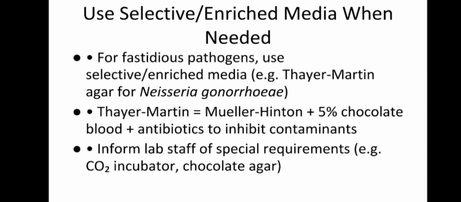Rather, the blood is heated in such a fashion that it releases heme that gives you a characteristic chocolate color. It has antibiotics like colistin and others to inhibit fungal growth and other invasive bacterial growth, to make it specific towards Neisseria gonorrhea species, and in some cases Haemophilus.